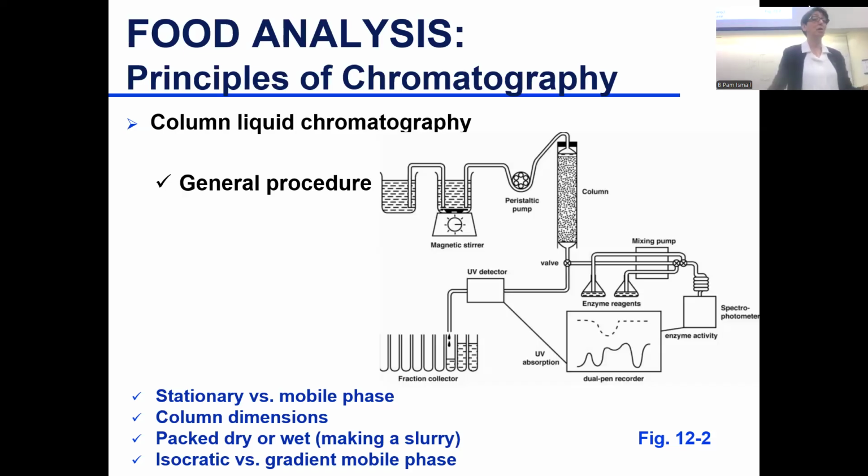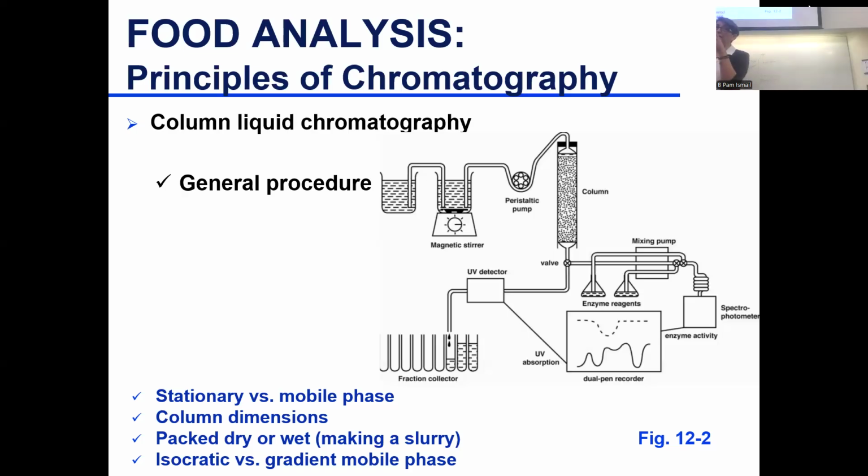Add something. So you change the composition of your mobile phase to attract that compound that interacted so strongly with your stationary phase. So you give it something that it likes so that it moves faster down the column, and you don't wait for 2 hours. You speed up your analysis.